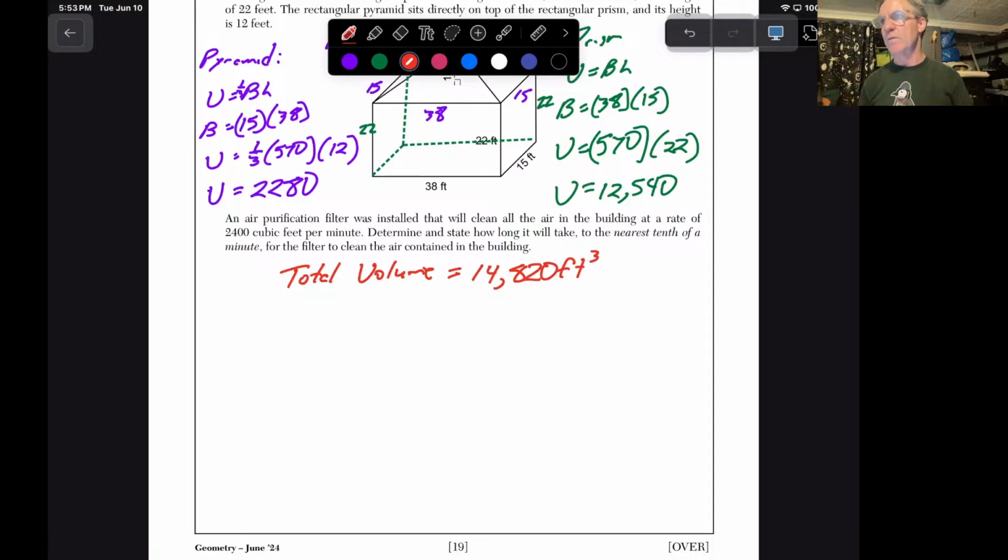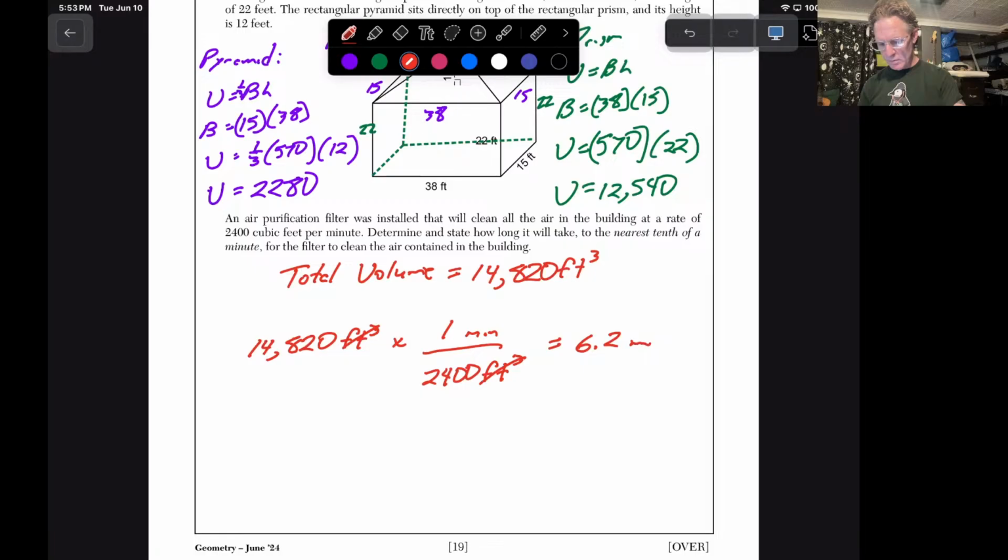So if we're going to do 2,400 every minute, you could say it's 14,820 cubic feet times 1 minute per 2,400 cubic feet, right? Because then those units would cancel out, and that would leave me with just minutes, which would be 6.2 minutes.